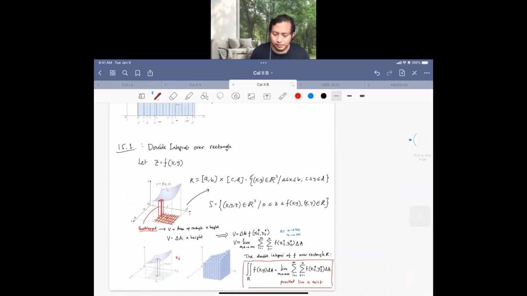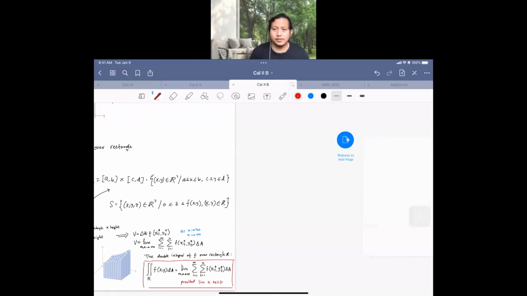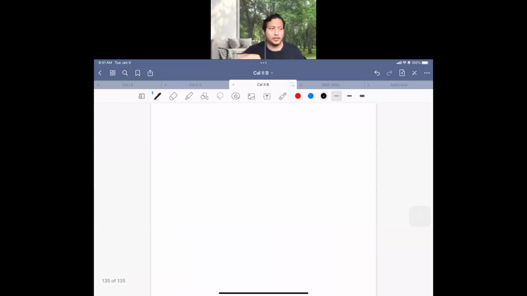I think we can move to another page to give you a more practical approach to how to use this double integral. Maybe some notes that may be important to take.